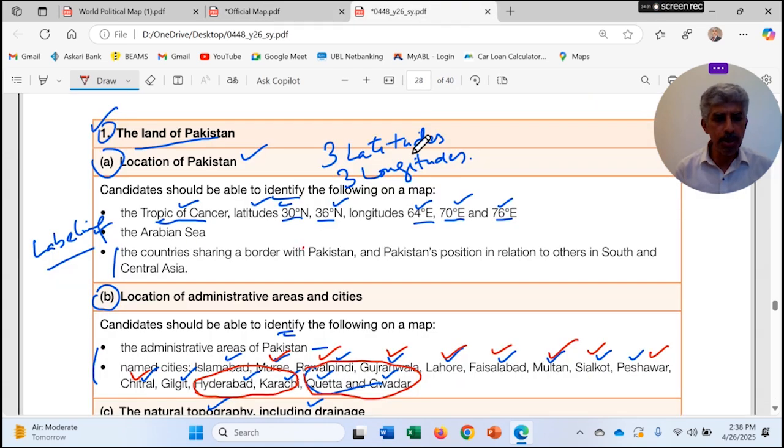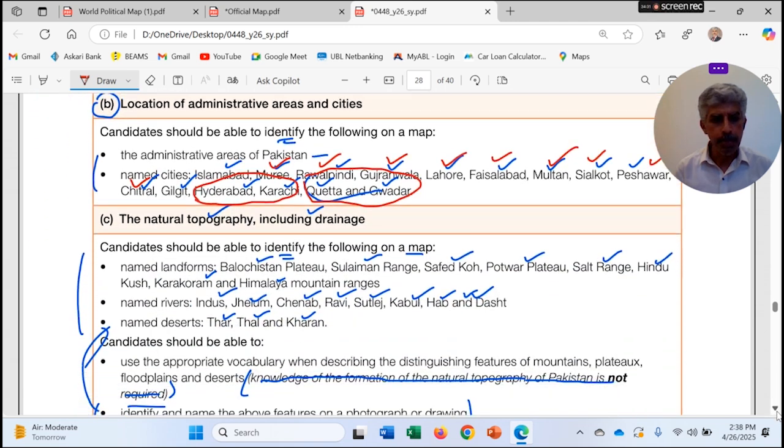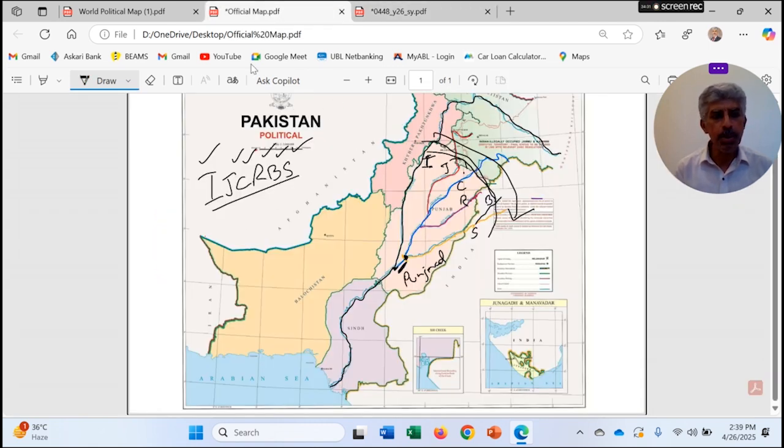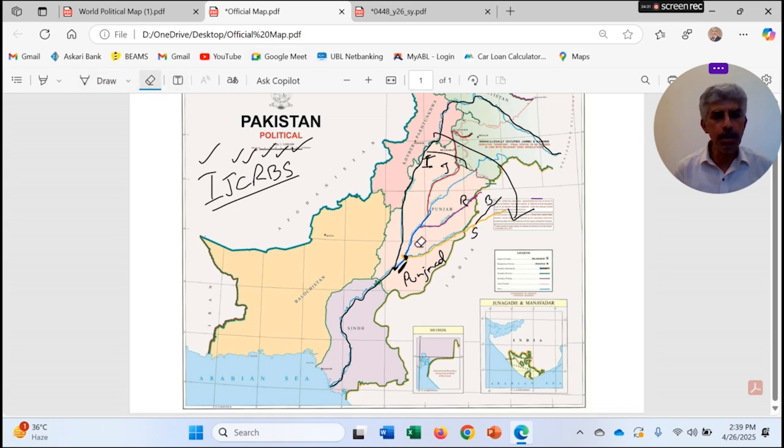Again, if we go to the syllabus, it says Indus, Jhelum, Chenab, Ravi, Sutlej; Beas is not included in your syllabus. I mean that will not come in your labeling. And Kabul, Hab and Dasht. River Kabul, it comes from Afghanistan and it joins river Indus near Attock, Punjab.